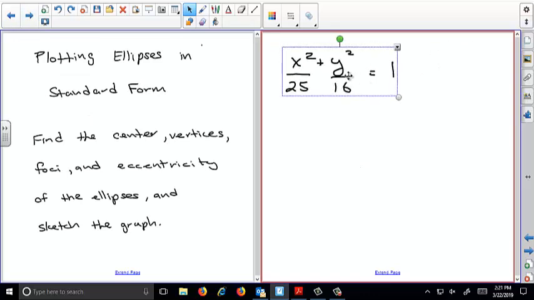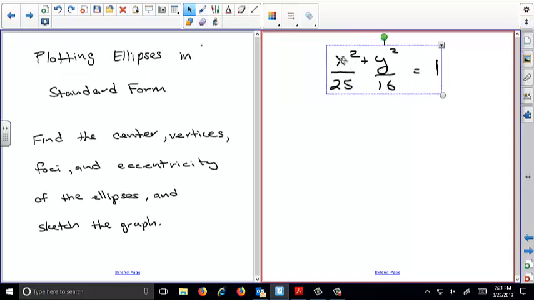So one thing is, a circle usually has x squared plus y squared equals, say, 4. That's a circle of radius 2. In this case, we divided by the number such that the right-hand side is 1. So standard form of ellipses has a right side equal to 1.